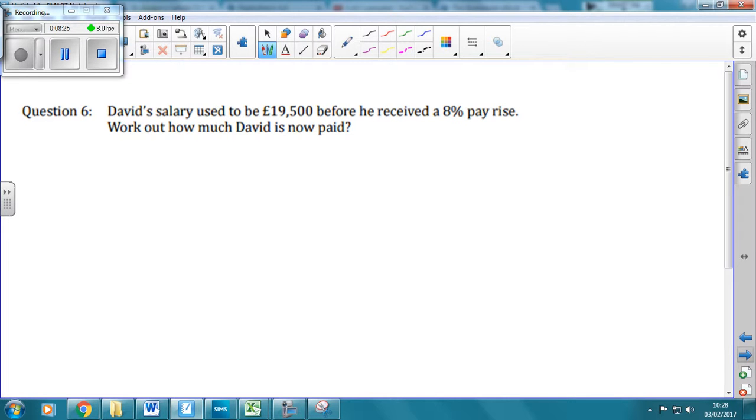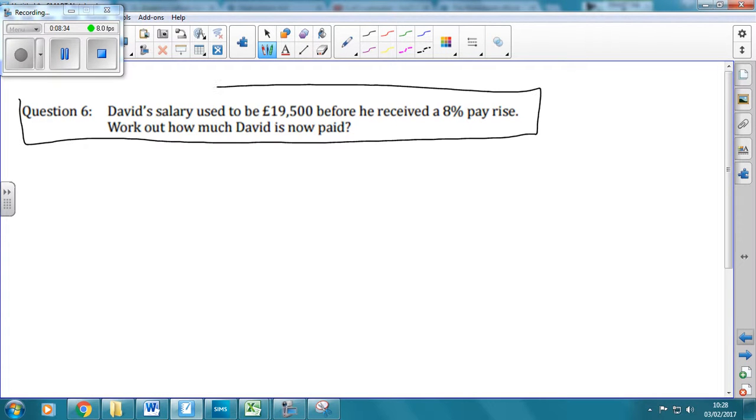Okay, so once you've done all of the beginning questions on your worksheet, I want you to make sure you spend at least half the lesson doing the applied questions again. Just like last lesson, it's all about getting to the harder applied questions. So we've got David's salary, which used to be £19,500 before he received an 8% pay rise. So that means we're going to increase it by 8%. So you've got your original, which is 100%.